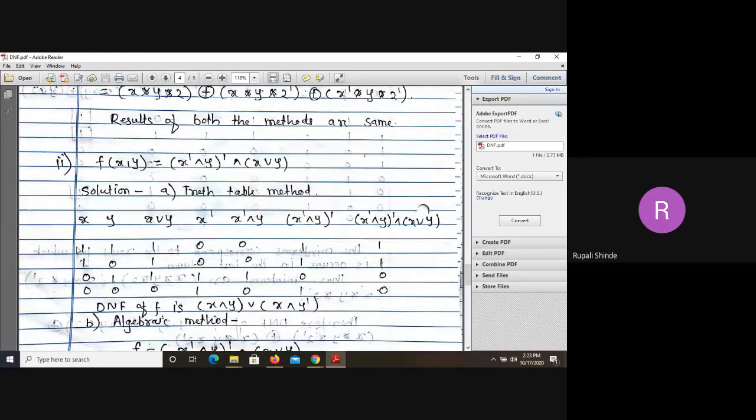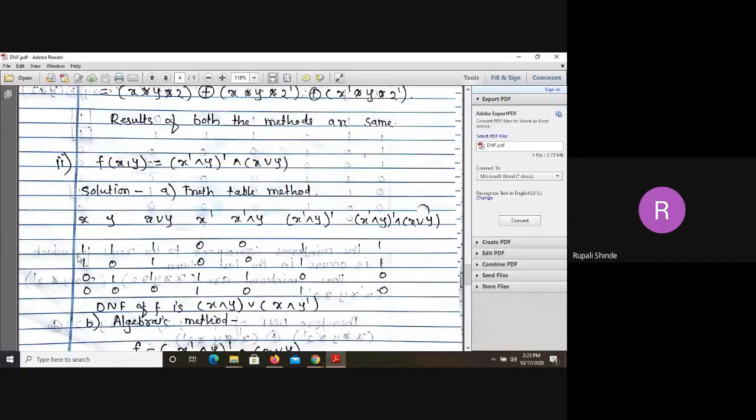So the value for x is 1100, the value for y is 1010. x or y means we take the addition: 1110, the same as the disjunction operation. Then x complement.